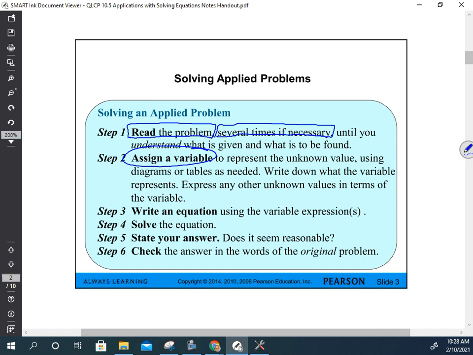Whatever you're missing, give it a variable. Most of the time it's X, but you can use whatever letter you want. Write the equation, solve the equation, of course give your answer, and then check to make sure it makes sense. Check your answer and make sure it's something that's relatively valid.